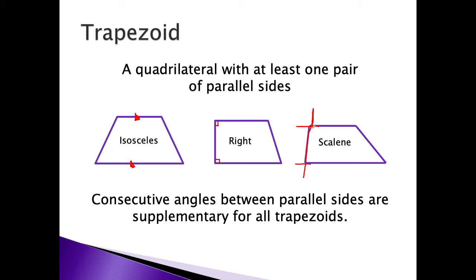So then we know that this angle is 1 and this angle is 2, and those two are alternate interior angles, so we know that 1 is congruent to 2, and if we call this angle 3, we know that 2 and 3 are supplementary. Since 1 and 2 are congruent, we know that 1 and 3 are supplementary. So therefore, all consecutive angles between parallel sides, so 1 and 3, are supplementary in a trapezoid.